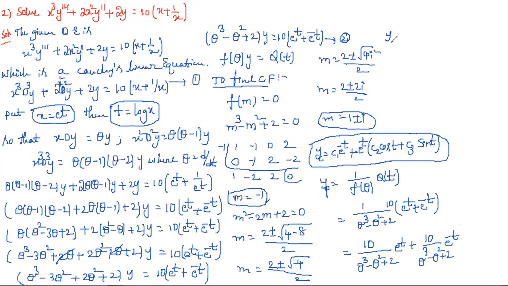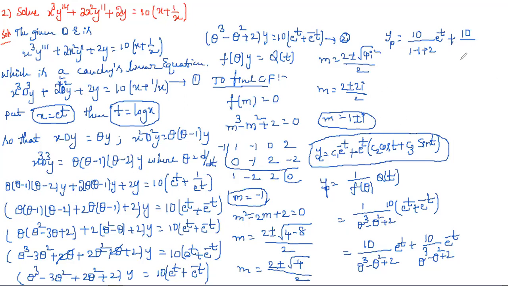So for yp, if you substitute theta as 1 directly, 1 cube is 1 and 1 square is 1, plus 2, so we get 10 by 2 e power t. For the second term, if we substitute directly, it becomes 0, right? Minus 1 cube is minus 1, minus 1 minus 1 minus 2 plus 2 is 0. So we should not substitute directly.